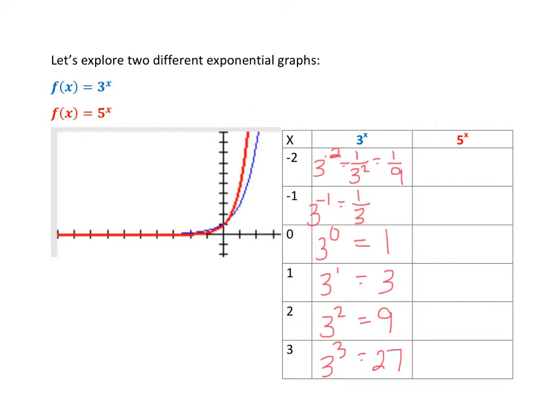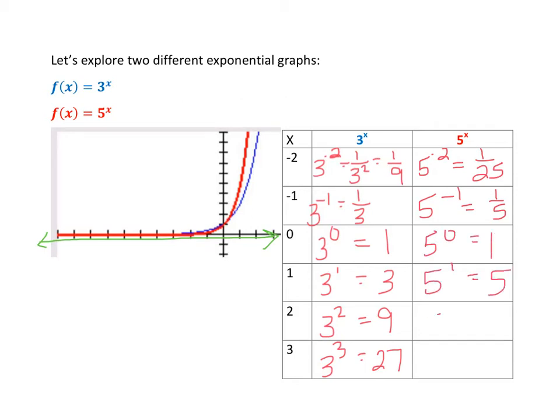So what happens is I have a horizontal asymptote on my exponential function; it's not crossing the horizontal axis. And I can do the same thing for 5 to the x. 5 to the -2 is 1/25. 5 to the -1, 1/5. 5 to the 0 is 1. 5 to the first is 5. 5 squared is 25.